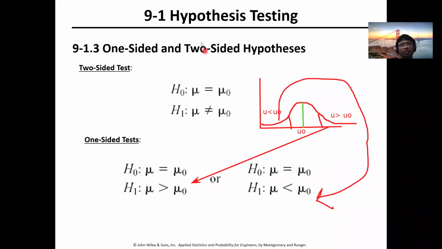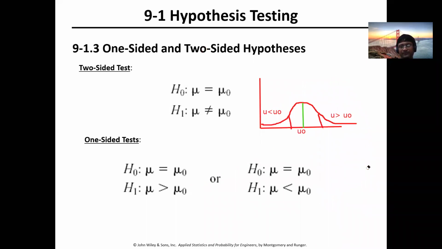But if I combine both of them, that is mu not equal to mu 0, I can write here mu less than mu 0 and mu greater than mu 0.